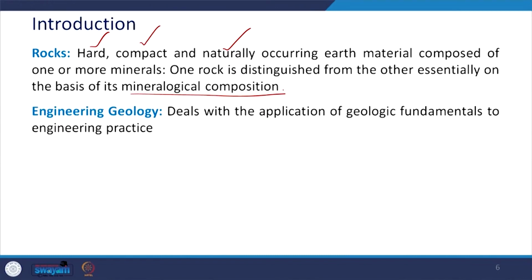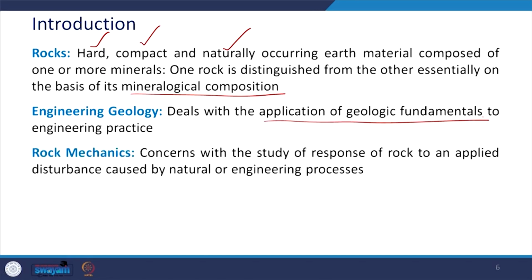Now, the next term which is very important for us to understand is engineering geology. This deals with the application of geological fundamentals to engineering practices. The branch which deals with such things, we put under engineering geology. Then the next is rock mechanics.